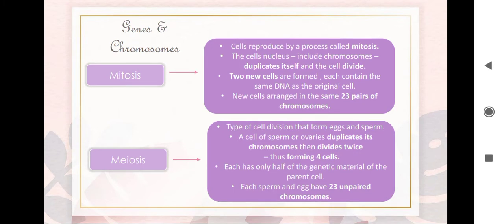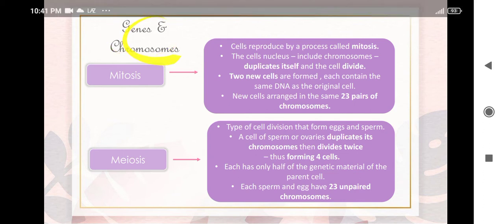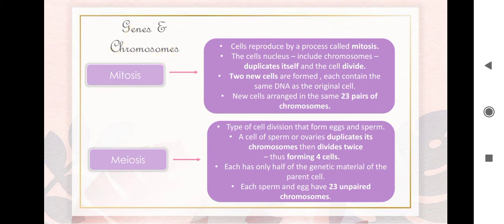All right, let us discuss the relation between genes and chromosome. Okay, so there are two processes that happen for the cell. The cell is a single unit, right?